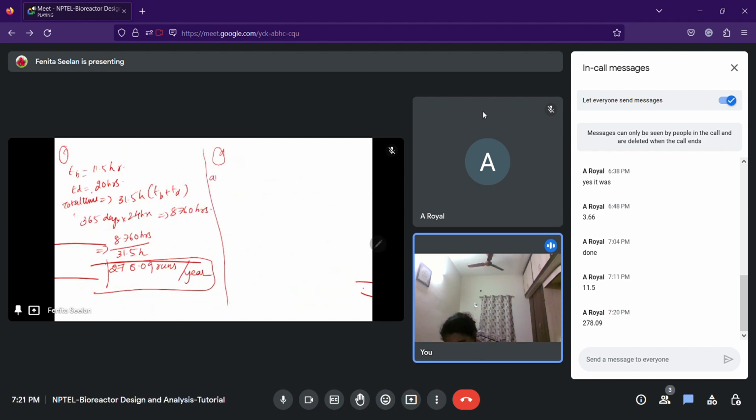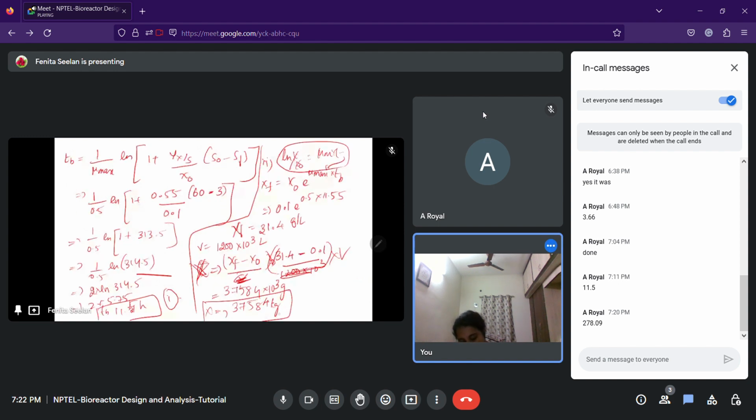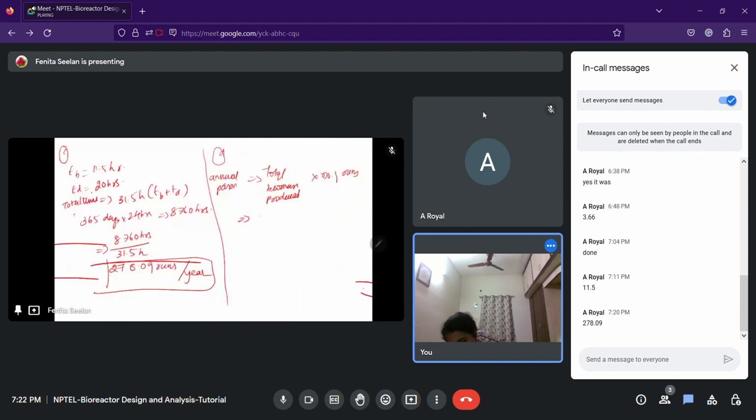So in case of annual production, total biomass produced into number of batches will give us annually how much biomass can be produced. So our total biomass would be 37584, right? 37584 kgs. This into 278.